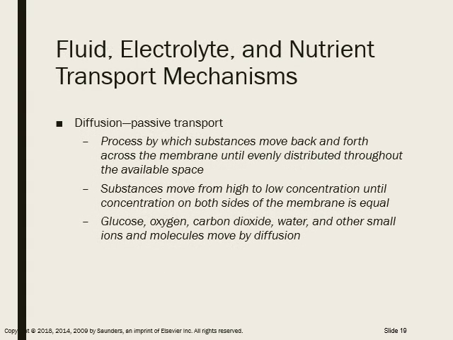Diffusion is a form of passive transport. It is the process by which substances freely move back and forth across the membrane until they are evenly distributed throughout the available space. Substances move from high to low concentration until the concentration on both sides of the membrane are equal.